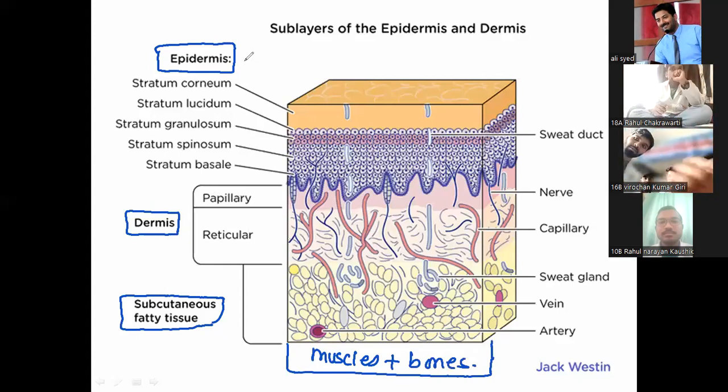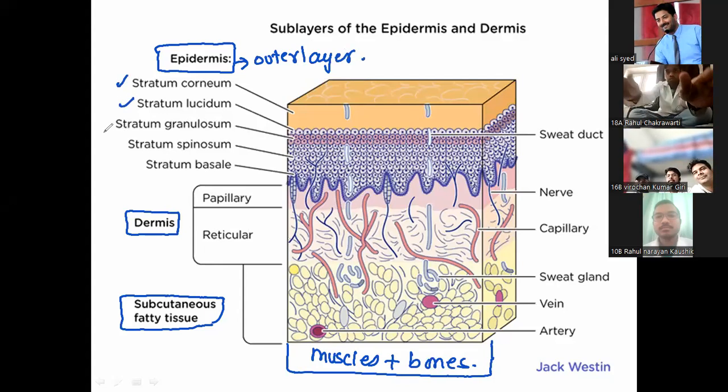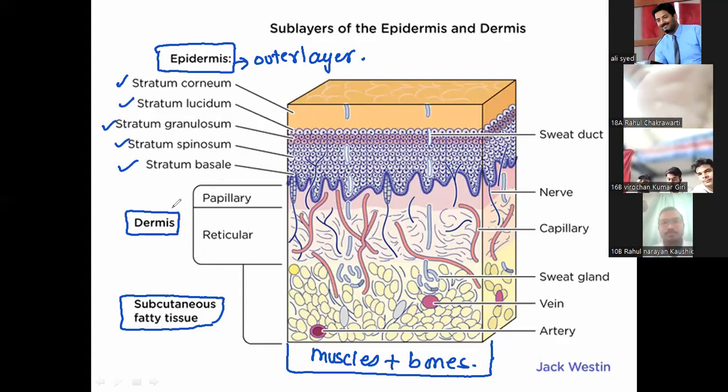So see here, the epidermis is the most outer layer of the skin, and it is further divided into 5 layers: stratum corneum, lucidum, granulosum, spinosum, and basale. The dermis, which is the second layer of the skin, is further divided into the papillary layer and the reticular layer.